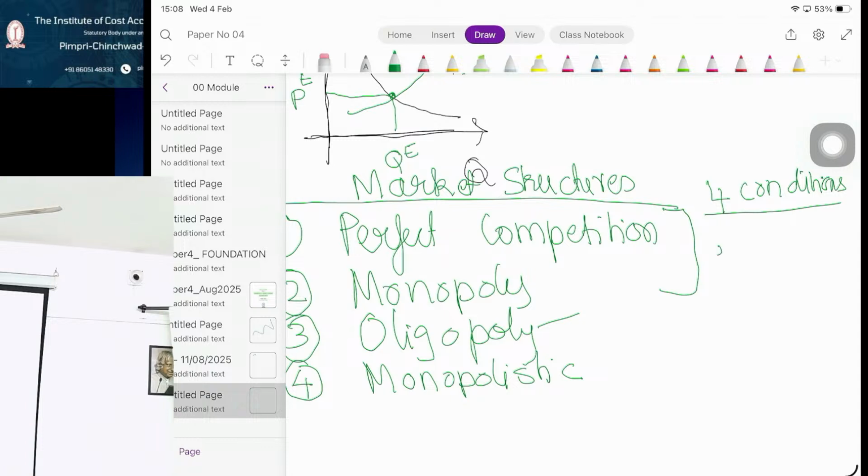Yes, one of those conditions was homogeneous product. What were the other three? Try and recall. We did it in the last lecture.